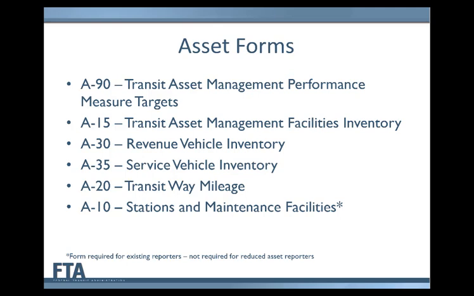This form has been updated to include additional inventory and transit asset management reporting elements for agencies that operate rail modes. The A10, Stations and Maintenance Facilities form, is still required for all current reporters. This form will remain in the asset module and will continue to require counts of passenger stations and maintenance facilities used in revenue service. It is not required for reduced asset reporters.